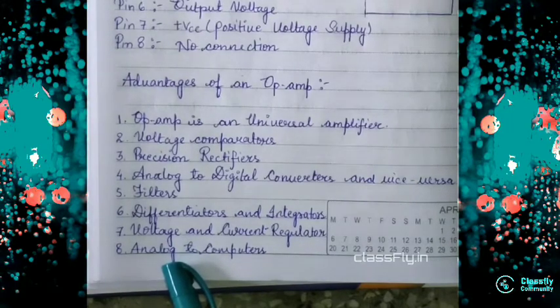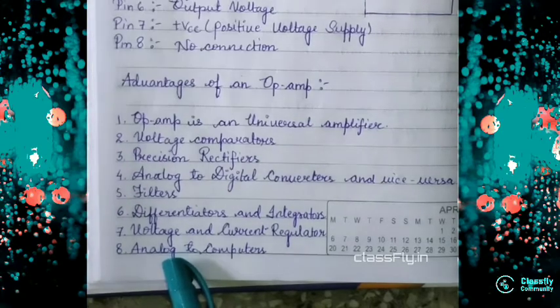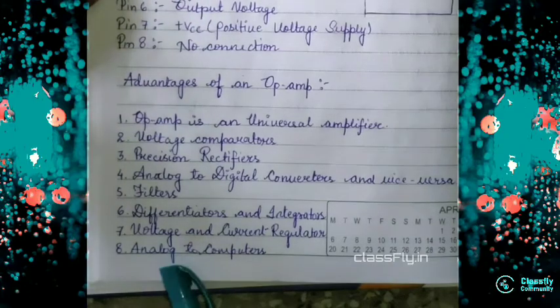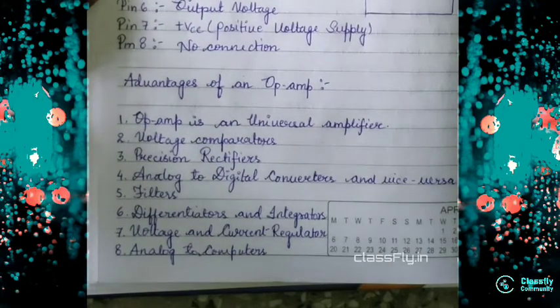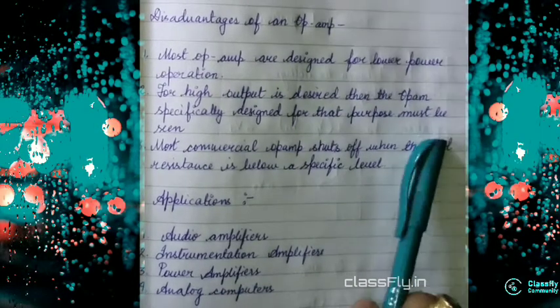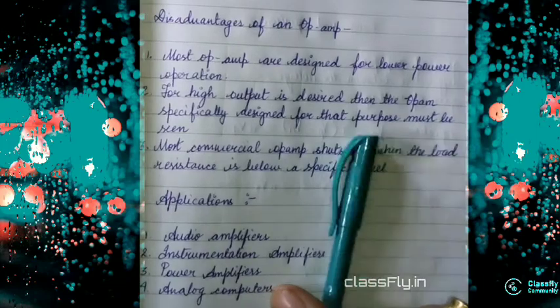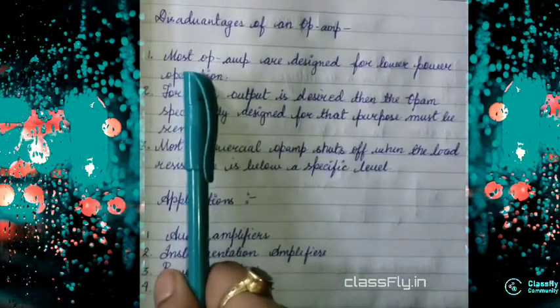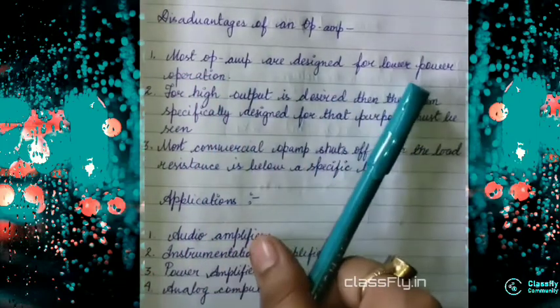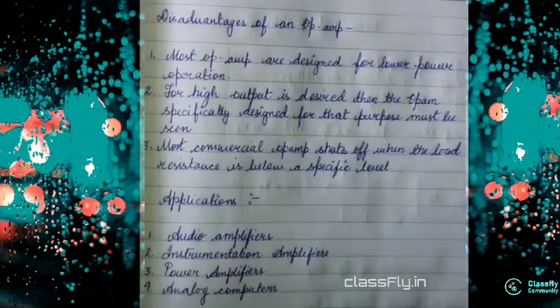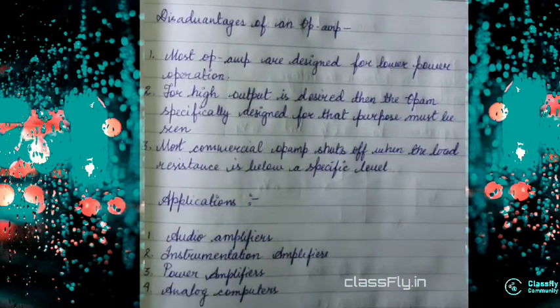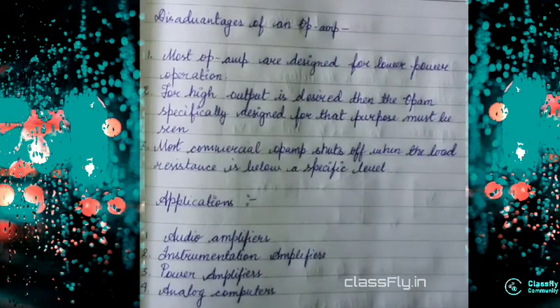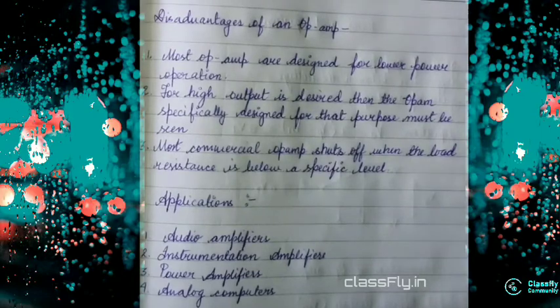Now, as everything has its advantages as well as disadvantages, we will move on to the disadvantages of the operational amplifier. These 3 points are the disadvantages of an op-amp. First, most op-amps are designed for low power operation. Low power operation means the power which will be supplied will be low.